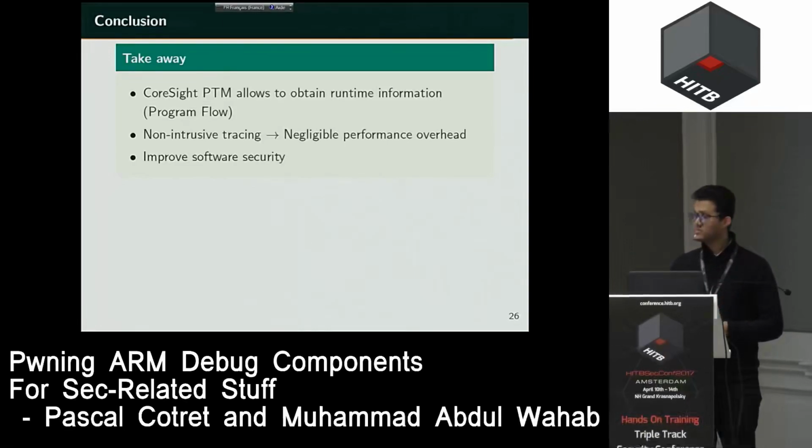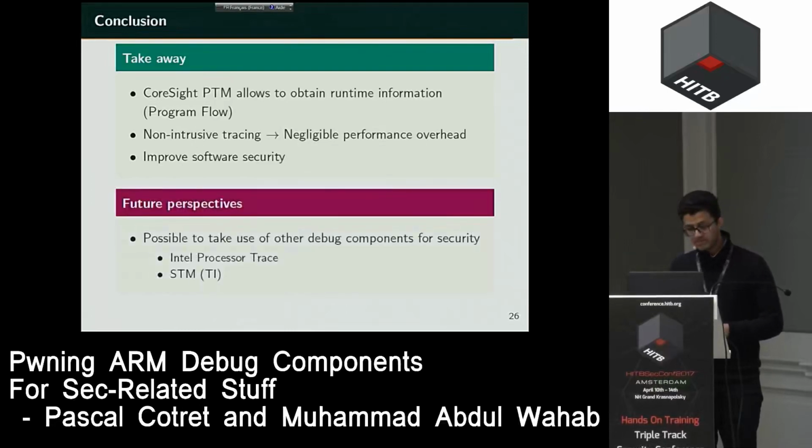It allows us to improve software security by implementing dynamic information flow tracking, for example. In future work, we will consider other debug components and see whether they can be used to implement dynamic information flow tracking. This will allow us to port our approach to other hard-core CPUs.